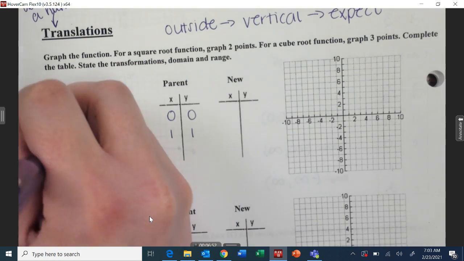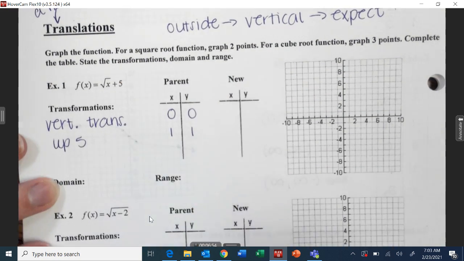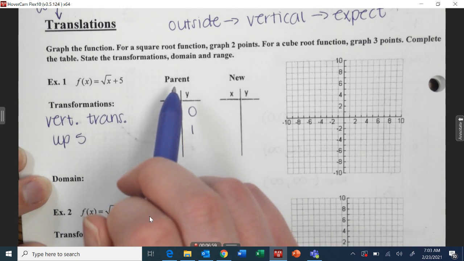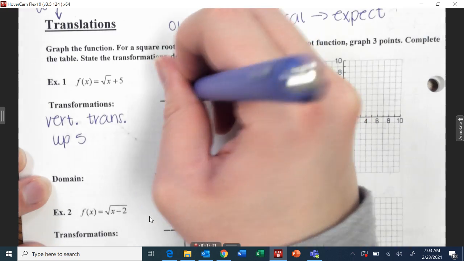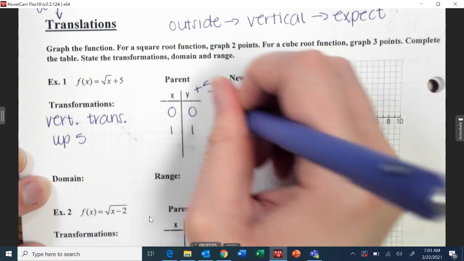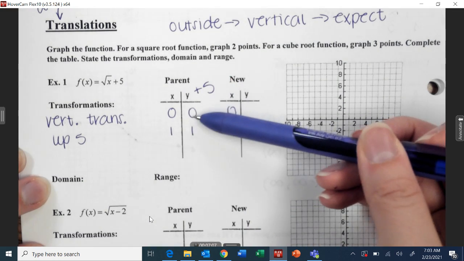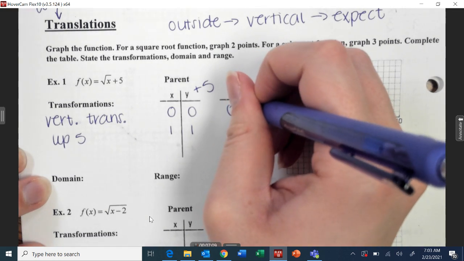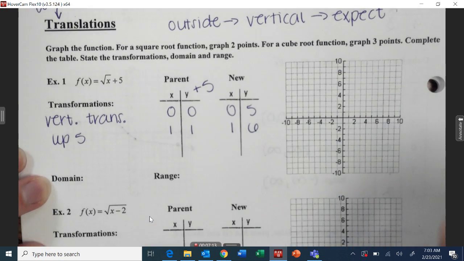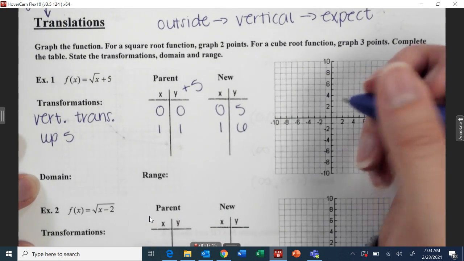We go up 5 as opposed to down 5. This vertical translation is going to affect the y values, so we're going to add 5 to the y's. X's stay the same as 0 and 1. In the y's, 0 plus 5 is going to give us 5. 1 plus 5 is going to give us 6. And then we just graph our points.